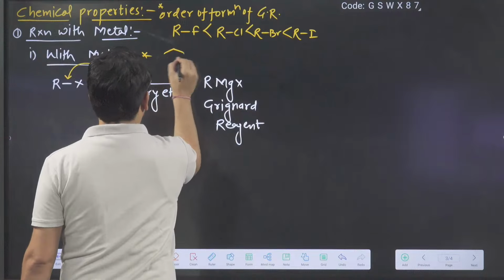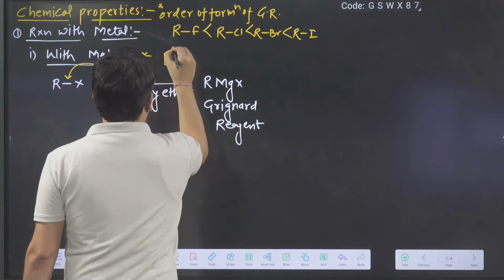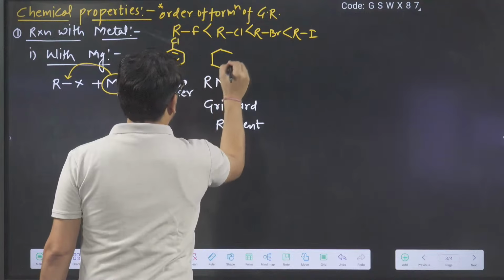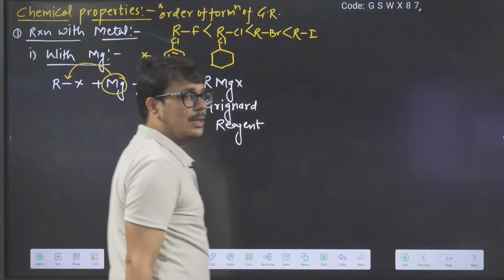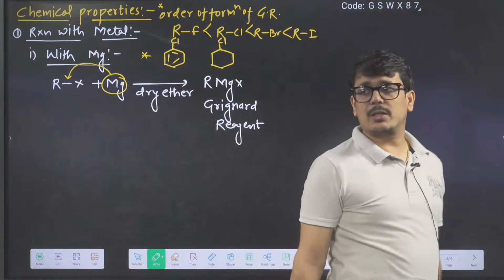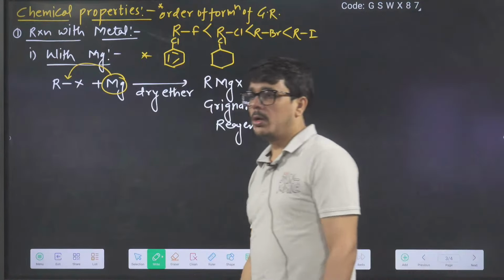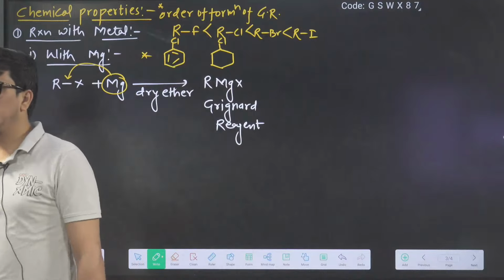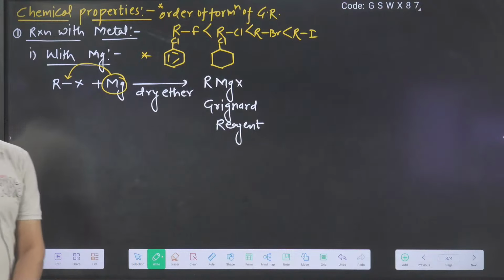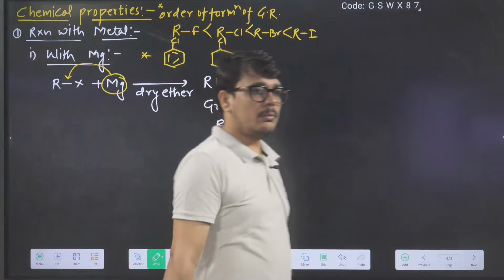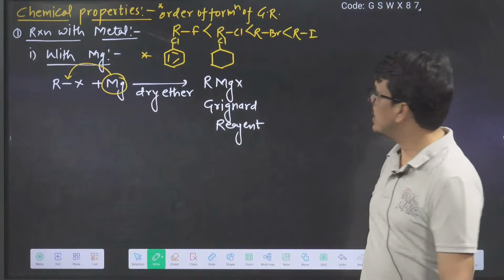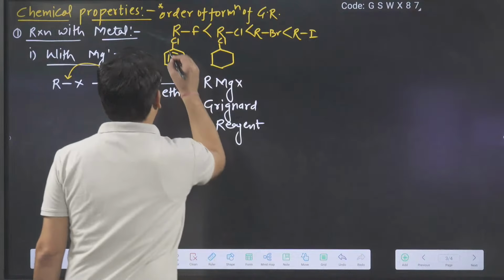If we are having this case, one side chlorobenzene or one side cyclohexyl chloride. Now in these two cases, where will this be easy to prepare, chlorobenzene or cyclohexyl chloride? Yes, very good. B only. Why? Because of resonance.